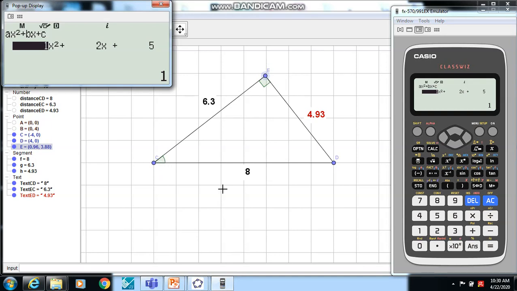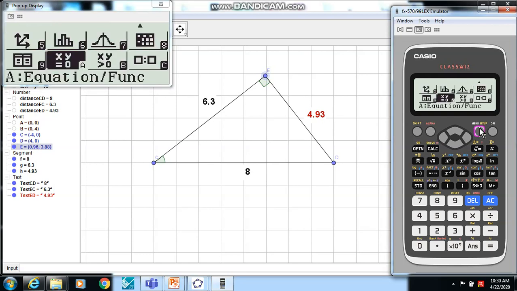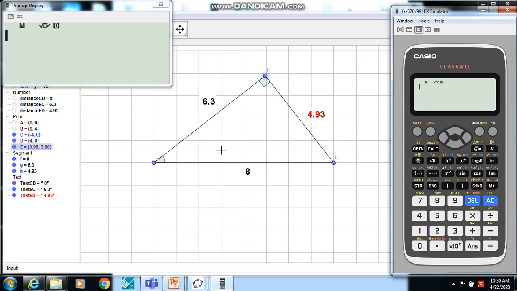I have to calculate sine C. Sine of angle C is opposite over hypotenuse, so 4.93 over 8. Here I put menu 1. You can see here the screen of the calculator. Opposite is 4.93 over the hypotenuse is 8. This one is the value of sine C.